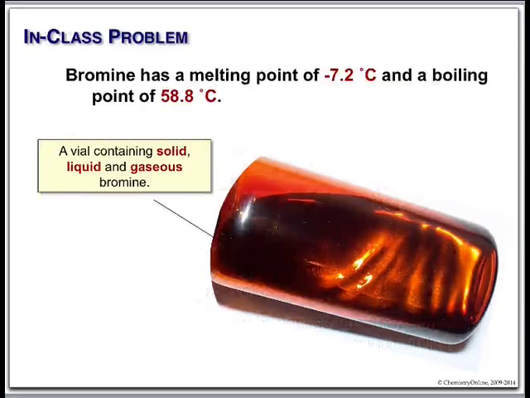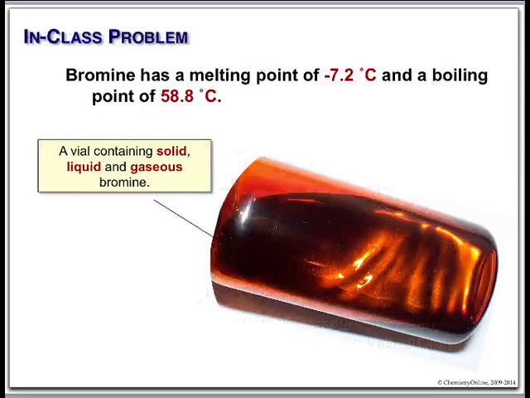This little vial here contains some bromine. It was frozen, so this down here is still solid bromine. As it melts, it forms this little glob, and as it does, we have bromine gas in the gas phase. Bromine is very toxic, so don't do this at home.